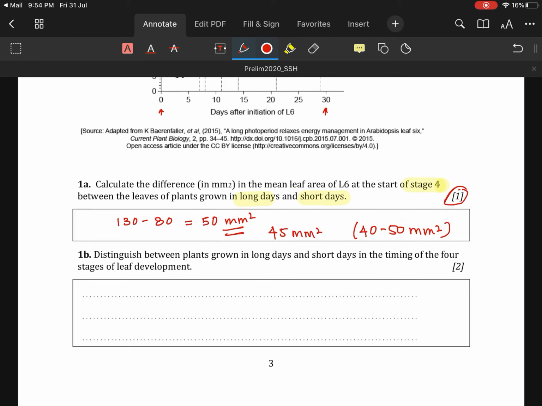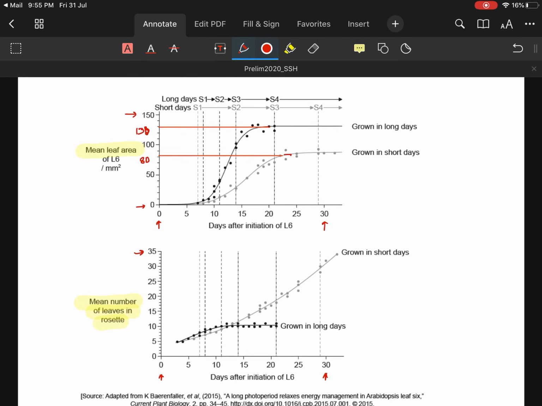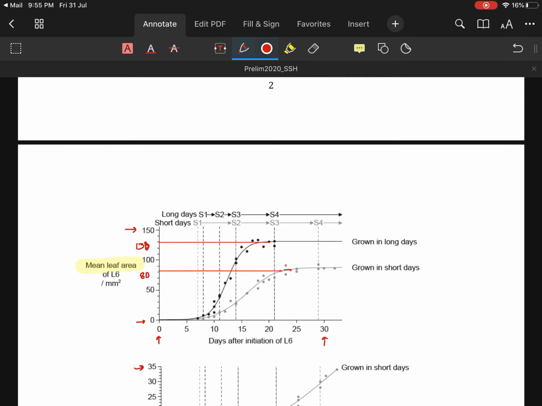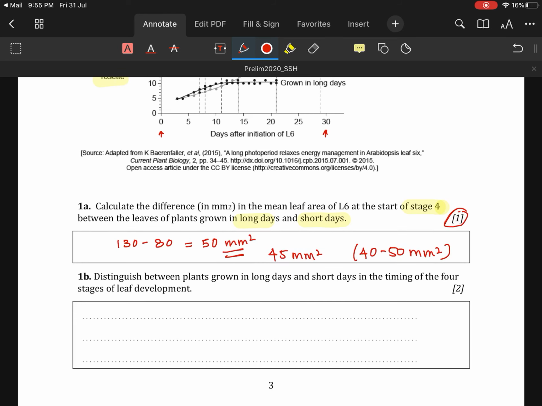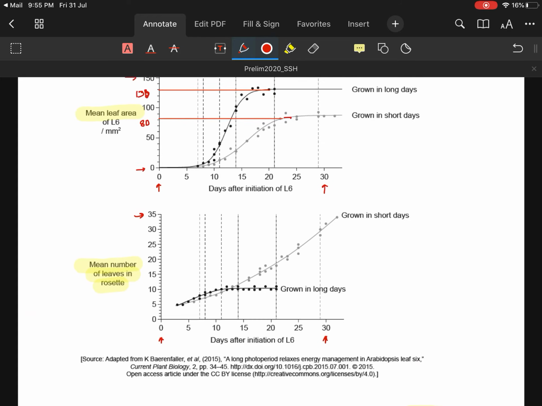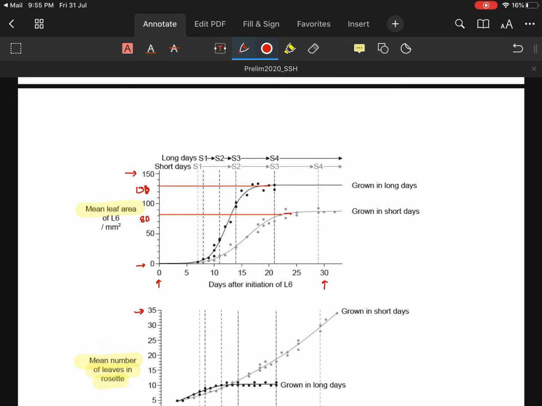Now distinguish between plants grown in long day and short day in the timing of the 4 stages. You have to see all the 4 stages, and distinguish means you are not going to give similarities, you only have to give differences between plants grown in long day and short day in all the 4 stages.